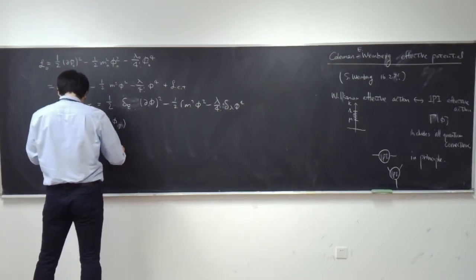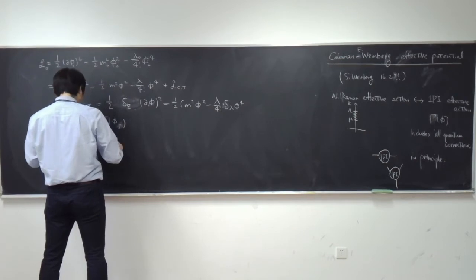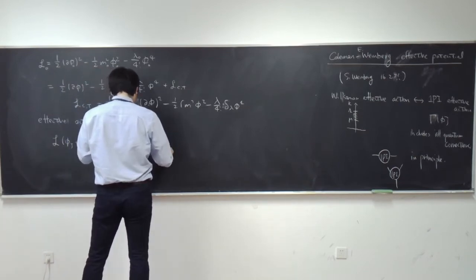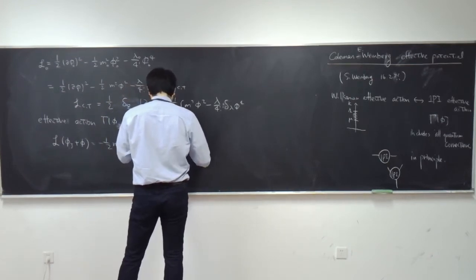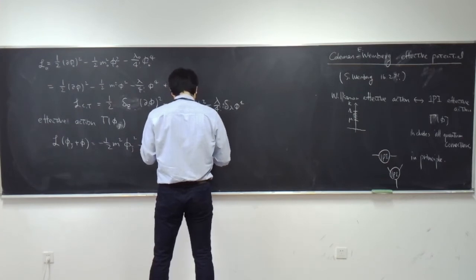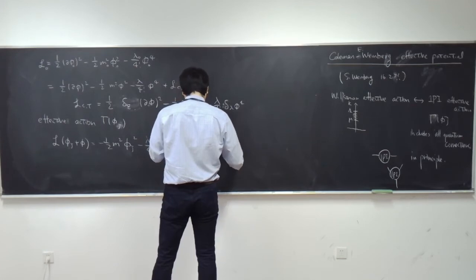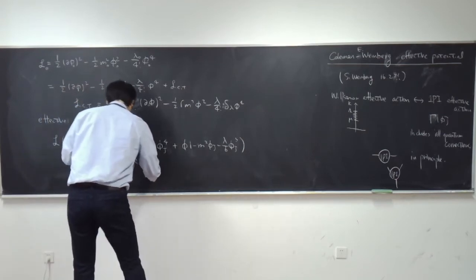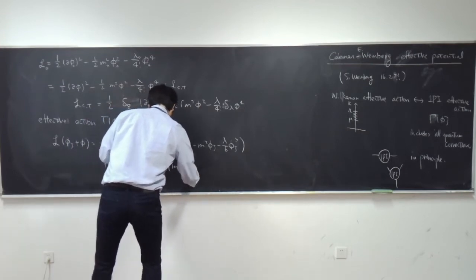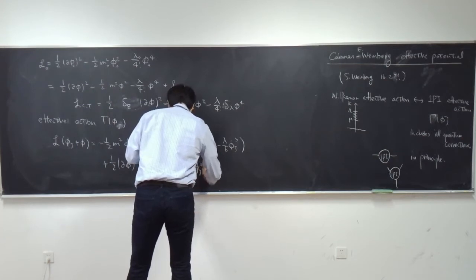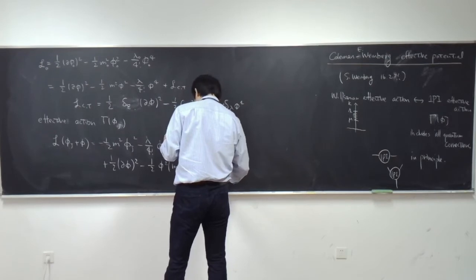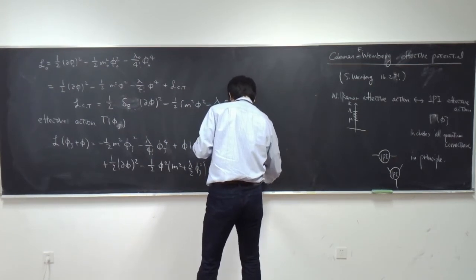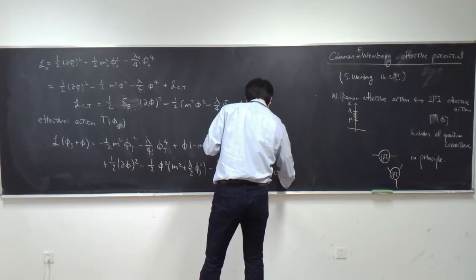Then what you get is m squared phi_J squared minus lambda over 4 factorial phi_J to the fourth, plus a term linear in phi, minus m squared phi_J minus lambda over 6 phi_J cubed, and then the kinetic term minus 1/2 phi squared times (m squared plus lambda over 2 phi_J squared), minus lambda over 6 phi_J phi cubed, minus lambda over 4 factorial phi to the fourth, plus the counter term.